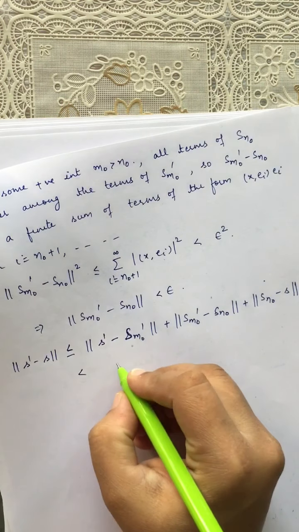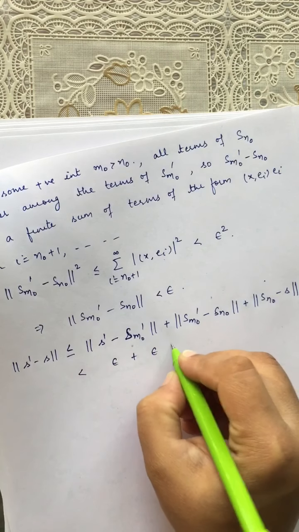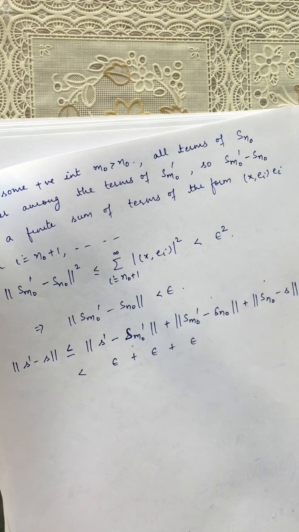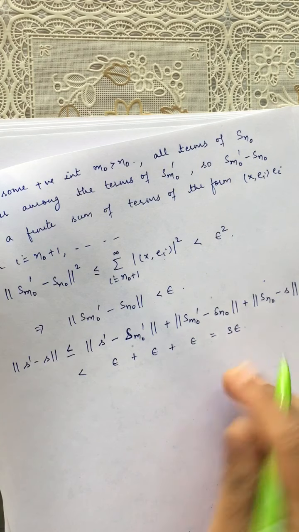So this is less than epsilon, this is less than epsilon, this is less than epsilon. So this is less than 3 epsilon.